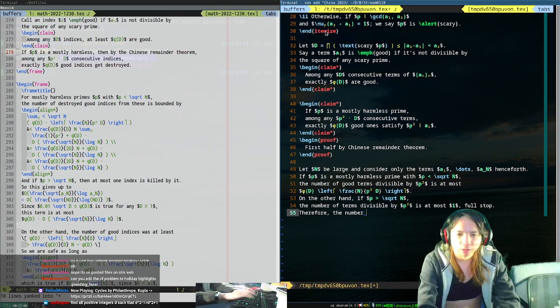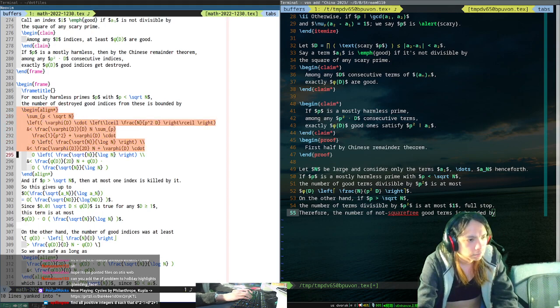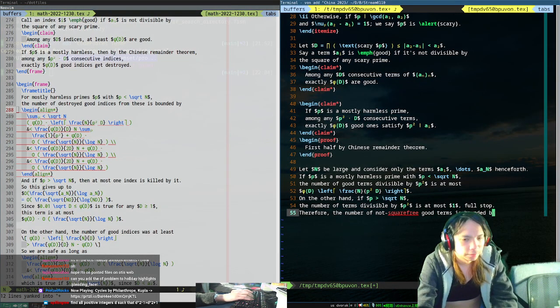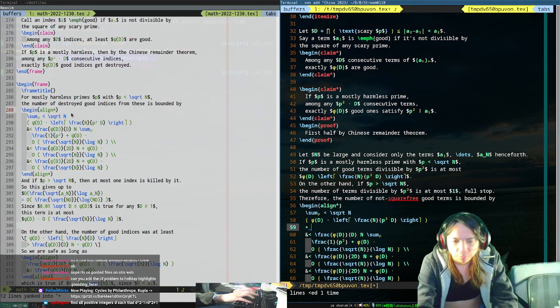Therefore, the number of not square-free good terms is bounded by this behemoth plus the number of primes which are less than root n.